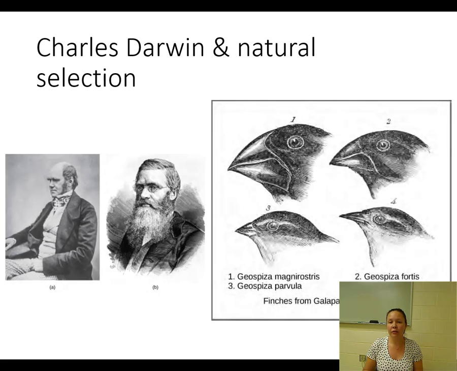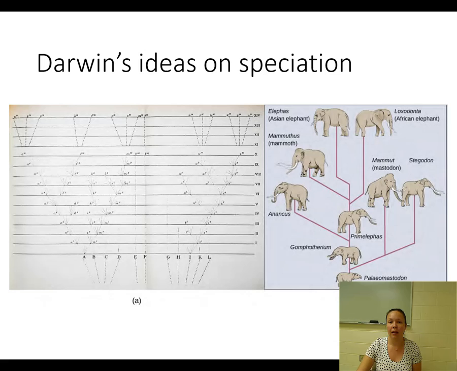And so when you take members of a group into a totally new habitat and you change the food source, what he noticed was their beak shapes had to change to accommodate the new food source. And so you can see these changes happening in these organisms. And that helped him to solidify some of his ideas on natural selection, the idea that you can adapt to your environment and be able to pass on those genes.